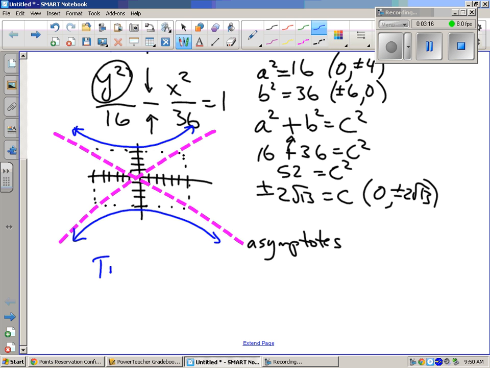We call that the transverse axis. That's the a-axis, transverse axis. And the points, we don't call them major and minor anymore. We call them vertices and conjugate points.